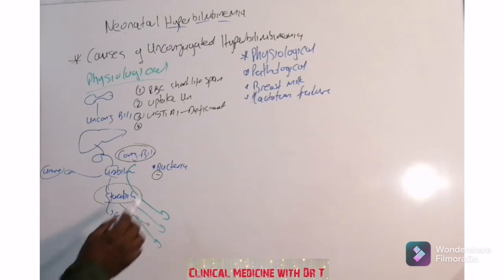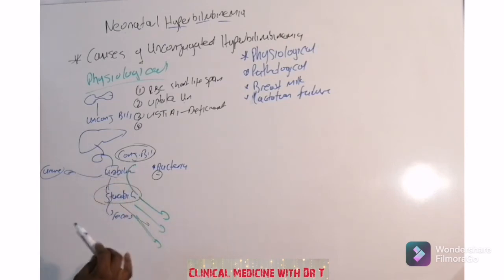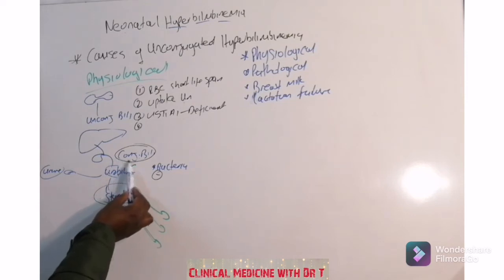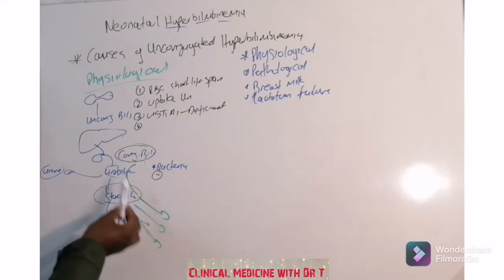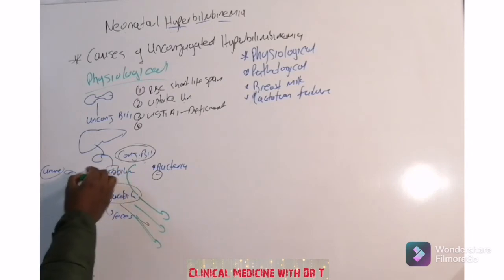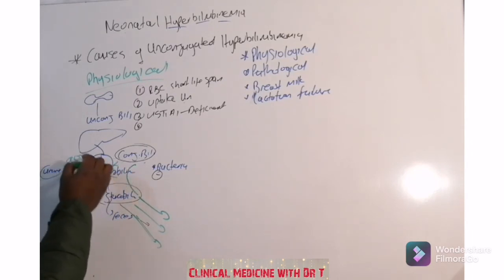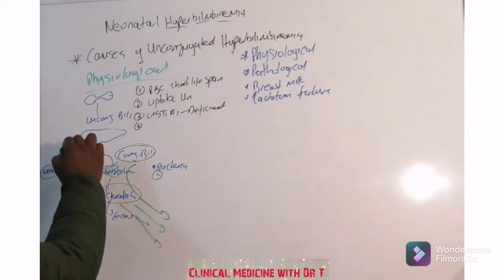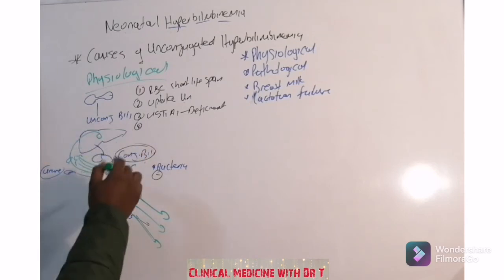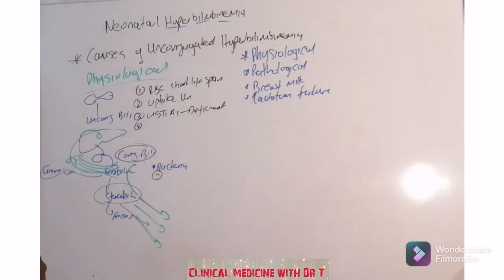But now if you don't have bacteria that can convert this into stercobilin, you end up having an enzyme that actually converts conjugated bilirubin into an absorbable molecule. Now you're gonna have a lot of bilirubin going in this direction instead of going out. So this is what they call the enterohepatic circulation.